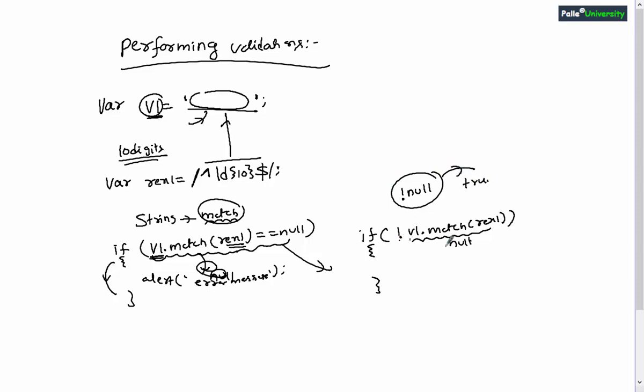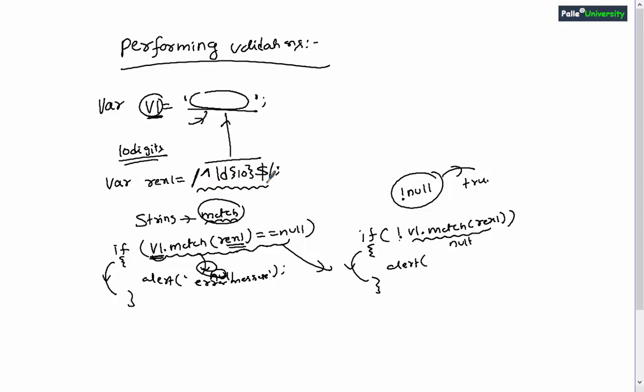So whenever not null is coming, obviously the if condition body will be executed. Inside the if condition body, you can display the error message, right? Whatever error message you would like to display, you can display it by using an alert box, or maybe by using some other mechanism. I believe you understood. Here the crucial point is about writing the validation.